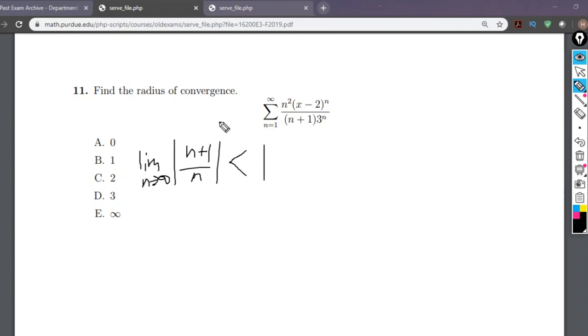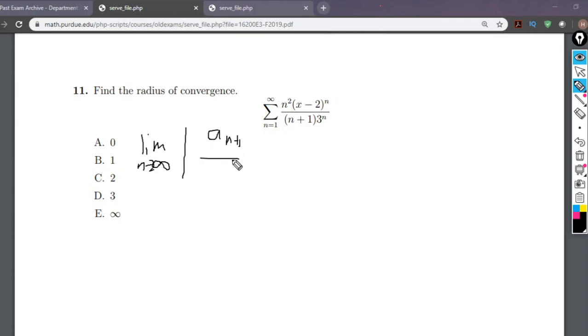This gives you the general trend you follow for radius of convergence. So starting with the ratio test, taking the limit of n approaching infinity, and it should be the series at n plus 1, sorry, something like a at n plus 1 over the series at the nth term.